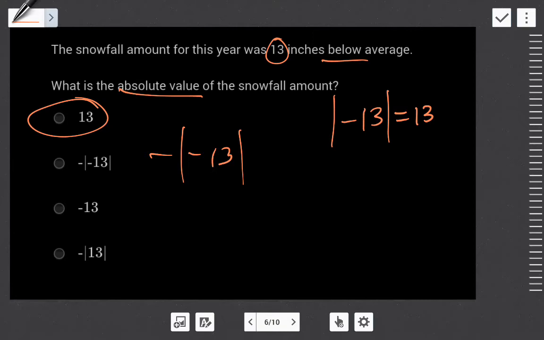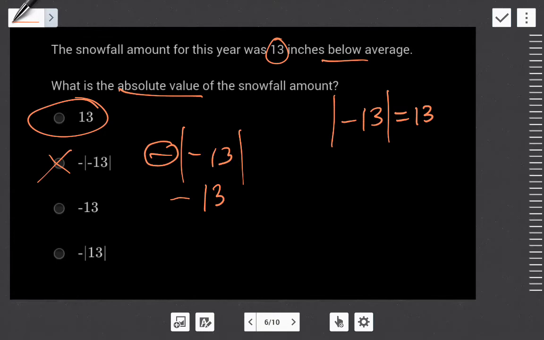So we ask ourselves, how far away is negative 13 from 0? We know that it's 13 units, but because this sign is on the outside of the two vertical lines, we can't touch it. So we must bring it down and we'd end up with negative 13. So that's why this can't be the answer, because remember, we said one of the points was that distance is never talked about as being negative.